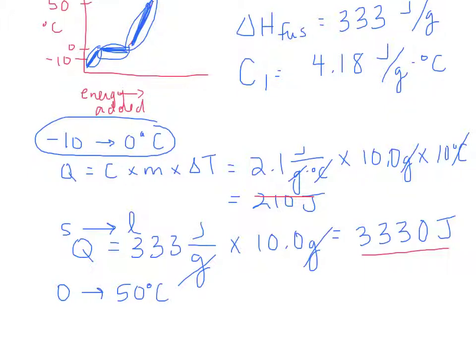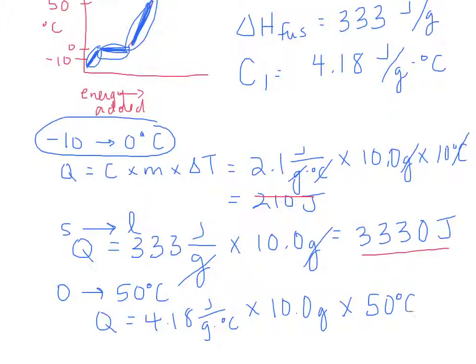Let's have a look at that. We're going to use our specific heat of water in this equation. So it's 4.18 joules per gram times degrees Celsius, times 10 grams, times, this time, our temperature change of 50 degrees Celsius because it goes from 0 to 50.